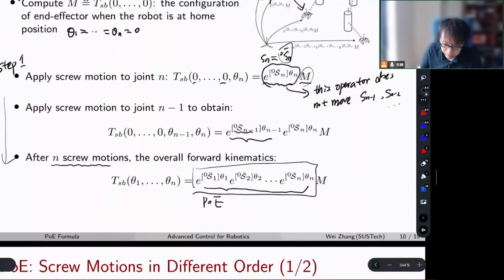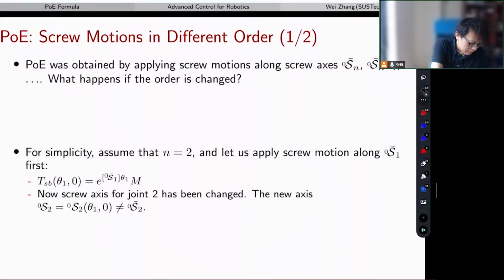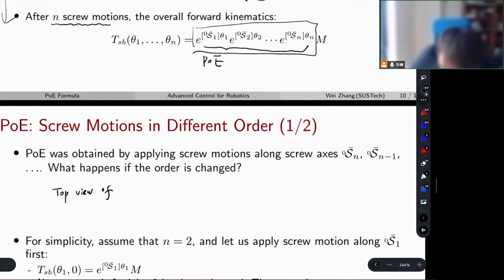To understand what happens if we apply the screw motion in a different order, let's consider the simplest case, just to show you this is essentially the same. Let's say this is the top-down view of the previous simple example.